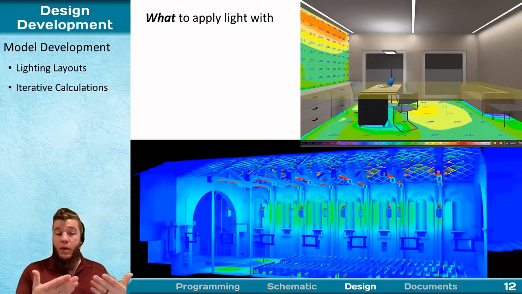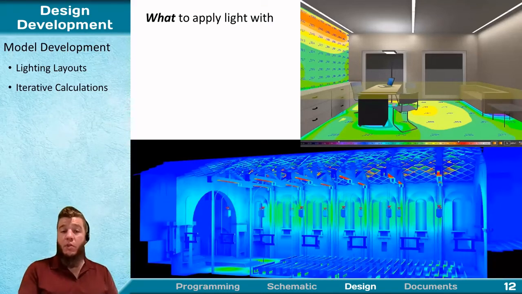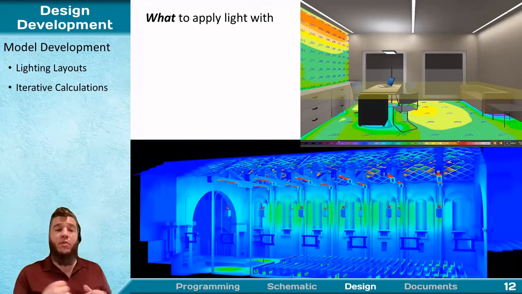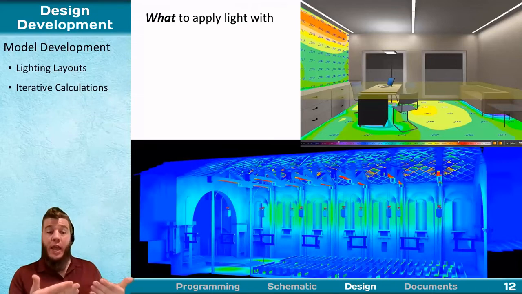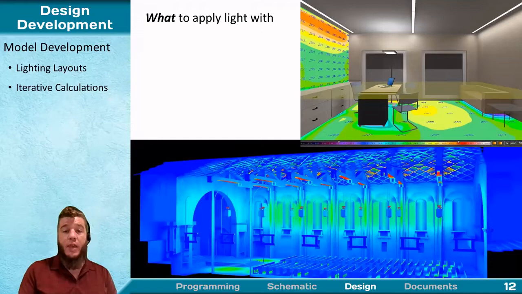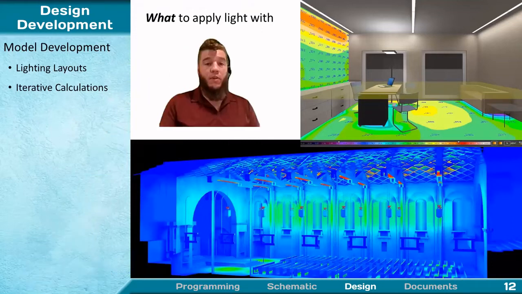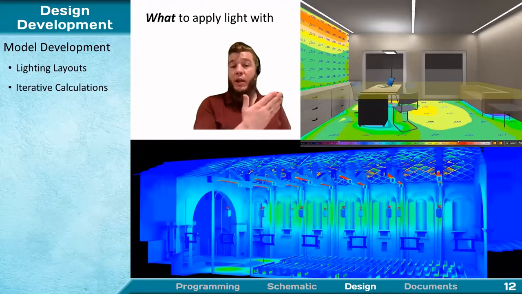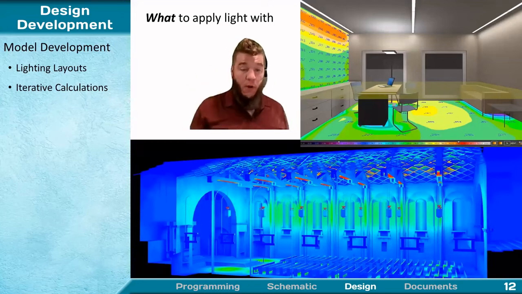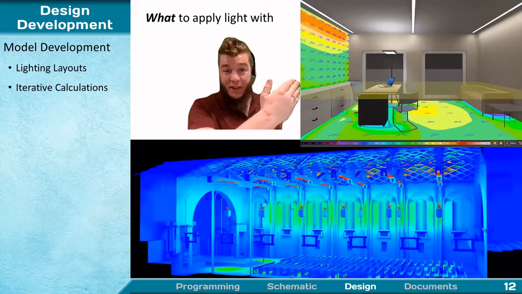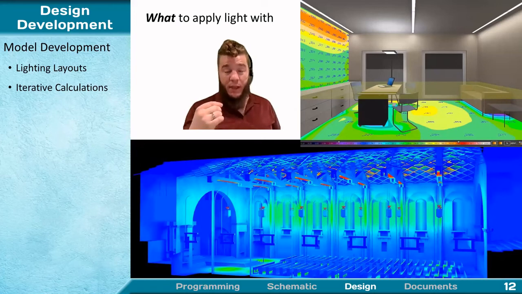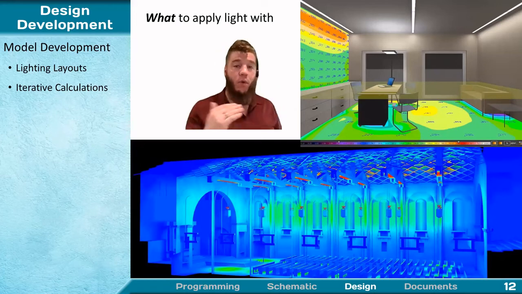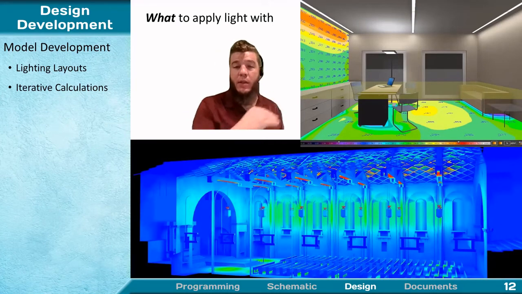Once you know, especially what luminaires you're going to utilize within your design, or at least have an idea of what luminaires you want to use, then you can start to look at the lighting layouts within your space. And the big piece here is iterative calculations. It's pretty rare, even for me, to just throw up some light sources and get exactly the level of light that I expect and need on the wall or on the floor or the work plane.